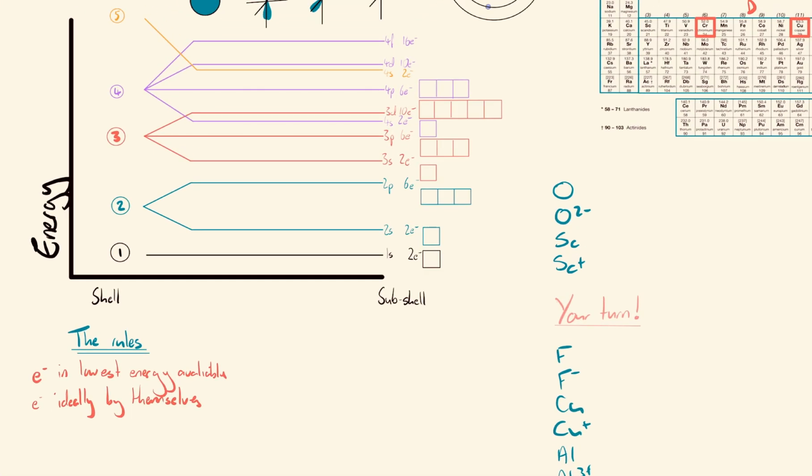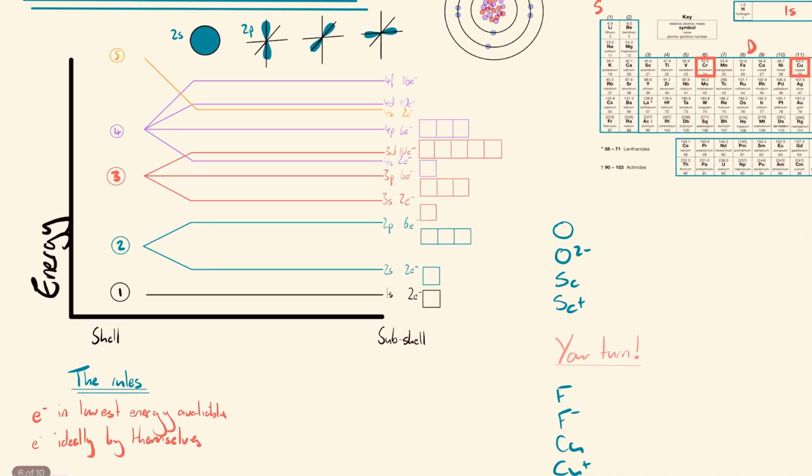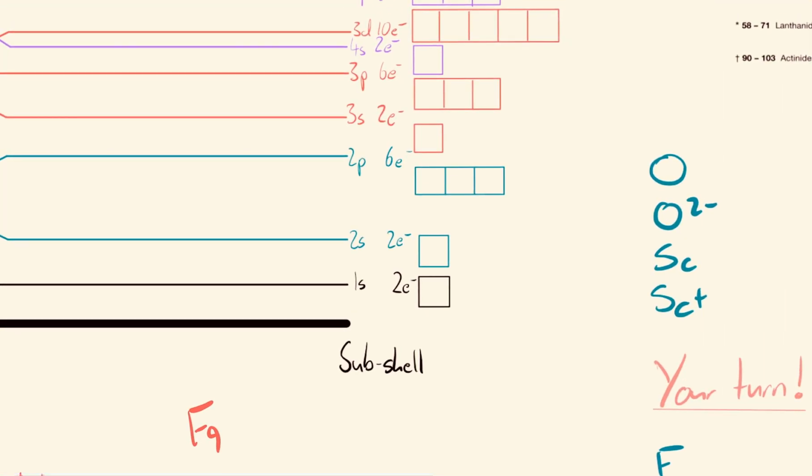So if we take fluorine as an example, fluorine, we said, is F9. And so our electrons fill up like this. In 1s, we draw a little half arrow pointing up and a half arrow pointing down. This denotes what direction the electron's going in, what spin it has. Not too important for now, but we do need to show it in the right way. Next, 2s.